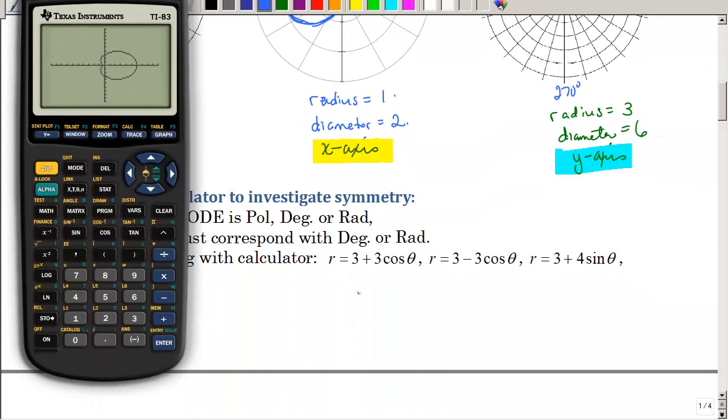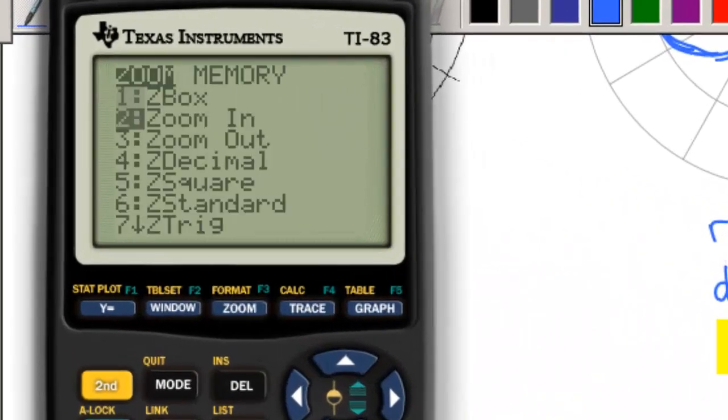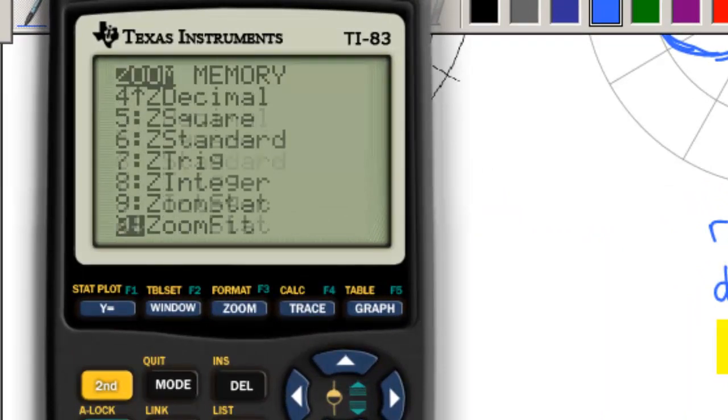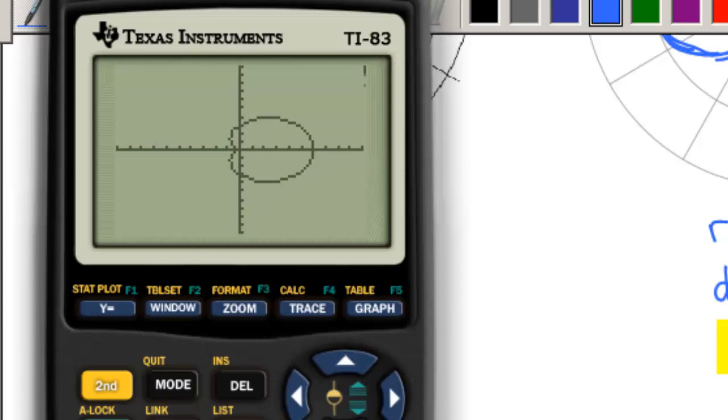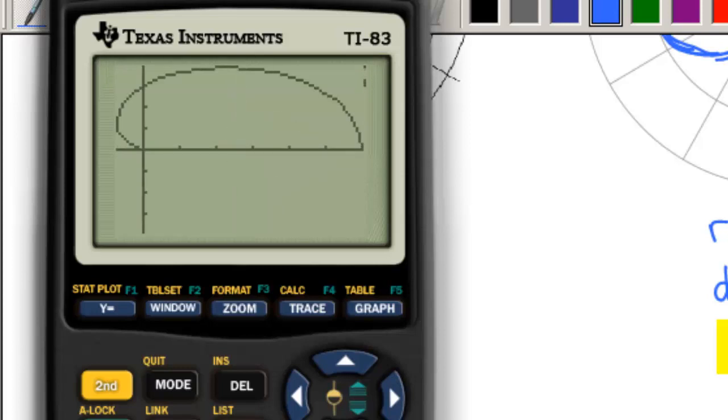So this one looked something like that. That's kind of funny that mine looks like that, but it is symmetric with respect to the x-axis. Now let's go to zoom and come down here, zoom 0. That's zoom fit. It's going to fit that graph to the viewing rectangle. Maybe you can see it a little bit clearer.